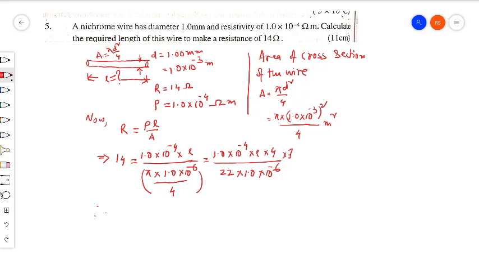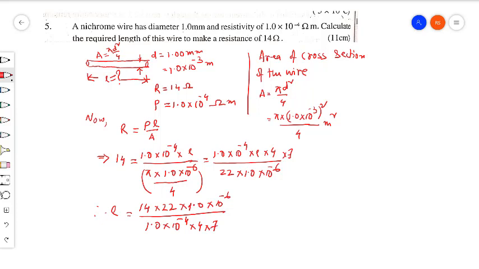Therefore, L is equal to 14 into 22 into 1.0 into 10 to the power minus 6 divided by 1.0 into 10 to the power minus 4 into 4 into 7.